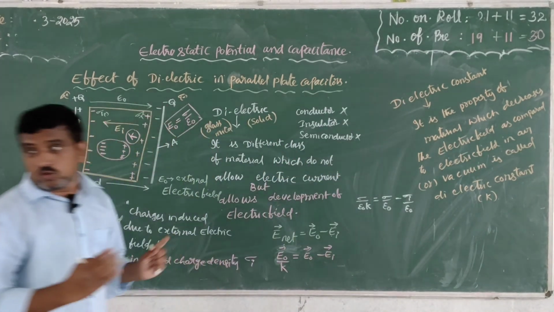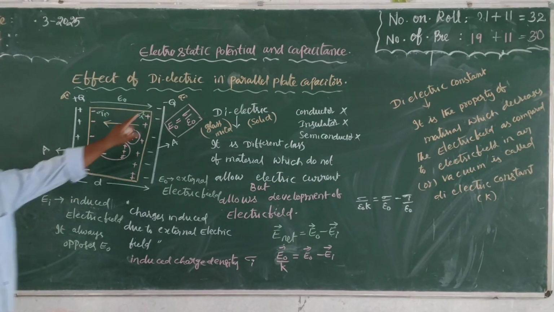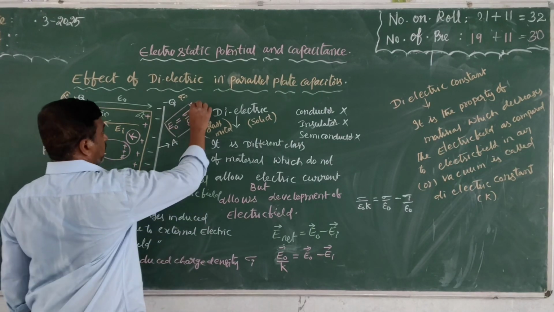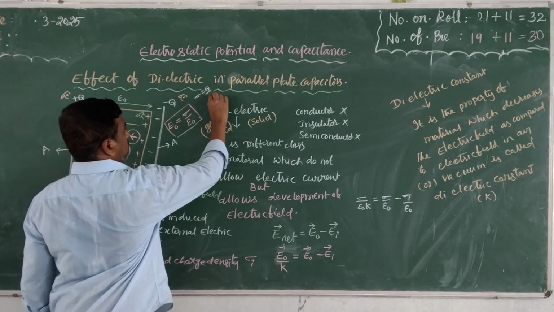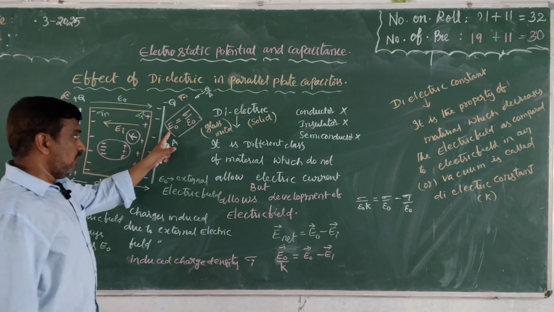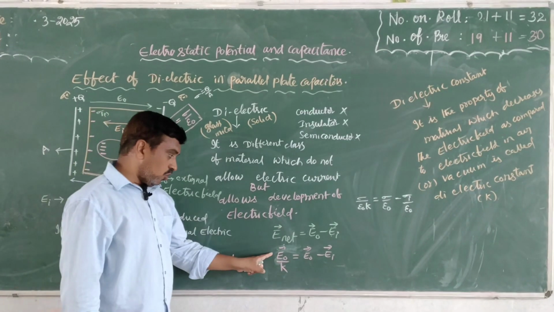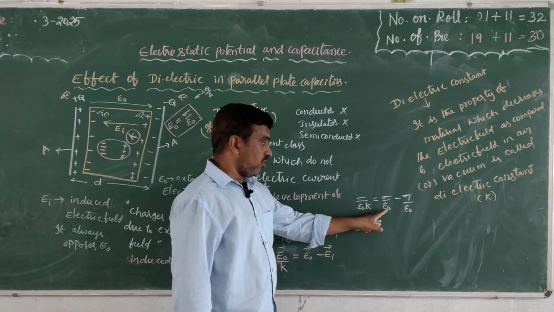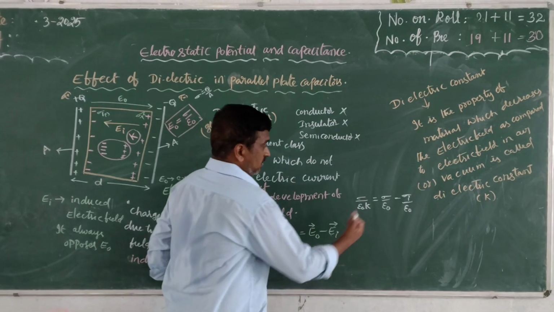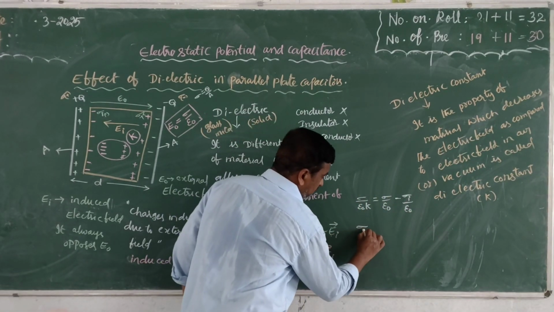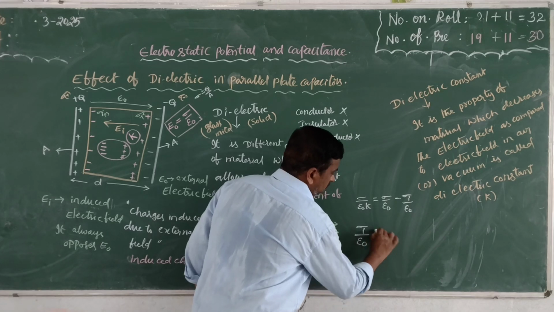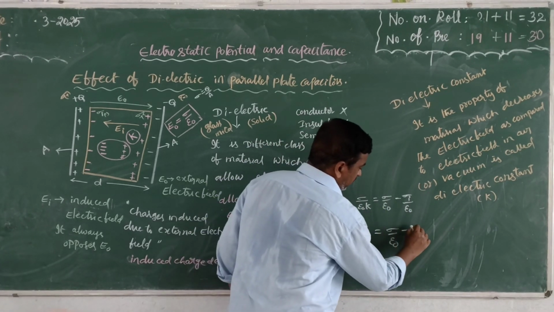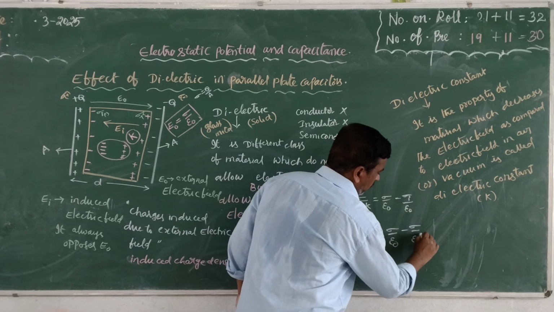Sigma I by epsilon naught changes sides: it equals sigma by epsilon naught minus sigma by epsilon naught K.